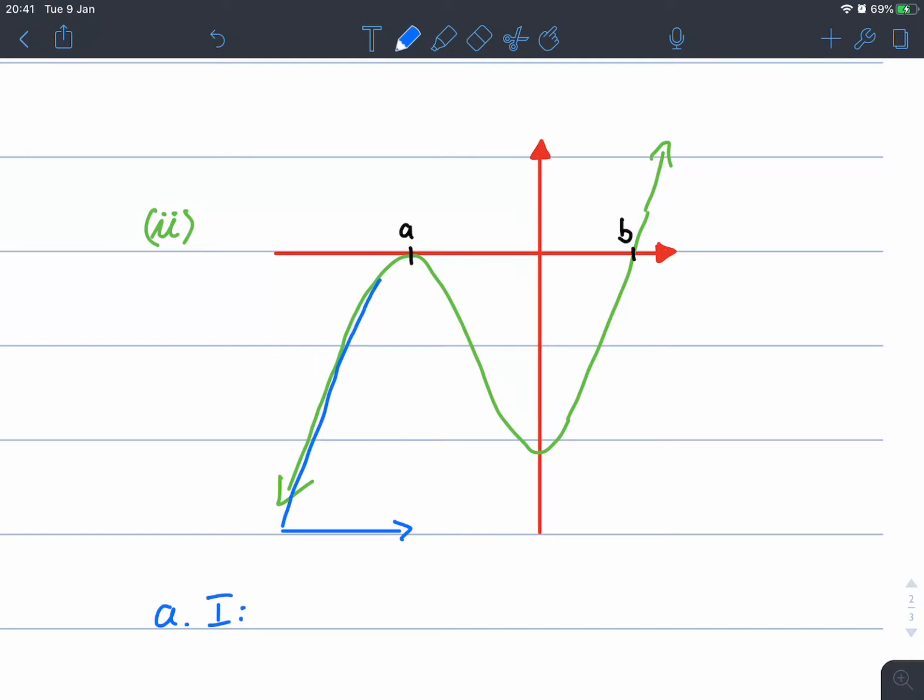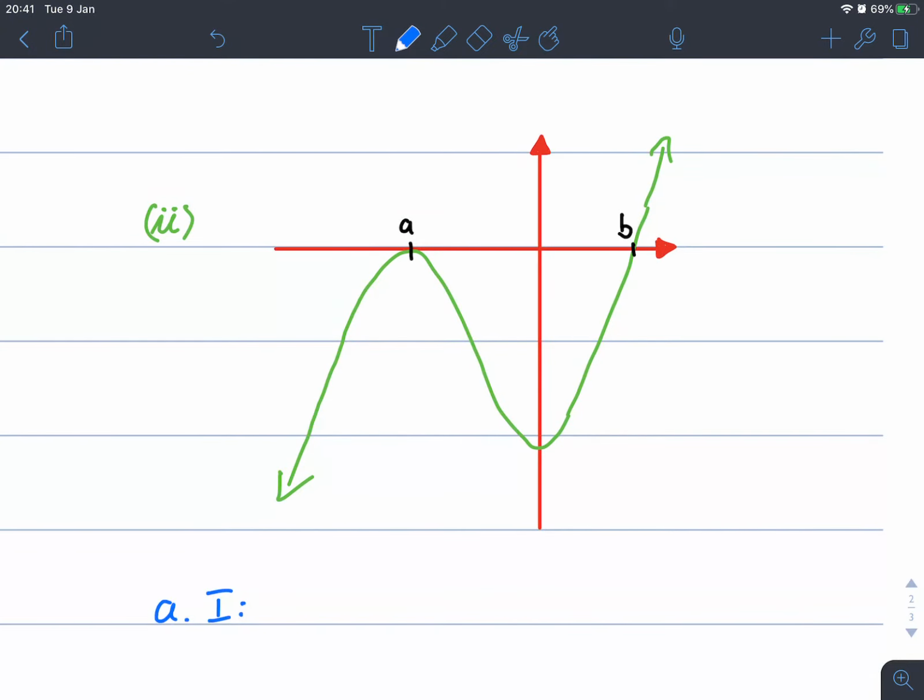It's going up until it gets to point A. So it will always be increasing as x increases from negative infinity until it gets to A.